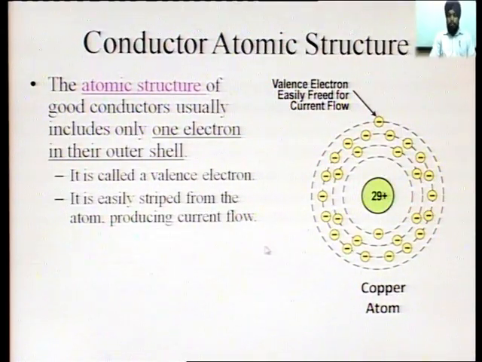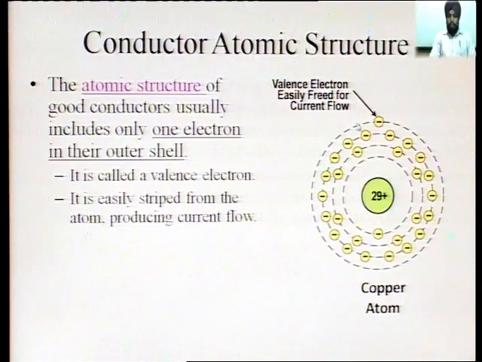That means in the first orbit the number of electrons will be 2, in the second orbit 8, in the third orbit 18, and in the last orbit the remainder. 2 plus 8 plus 18 is 28, the remainder is 1. So, in the last orbit the number of electrons will be 1: 2, 8, 18, and 1 makes 29.